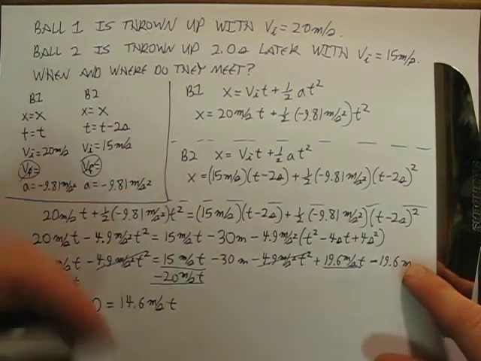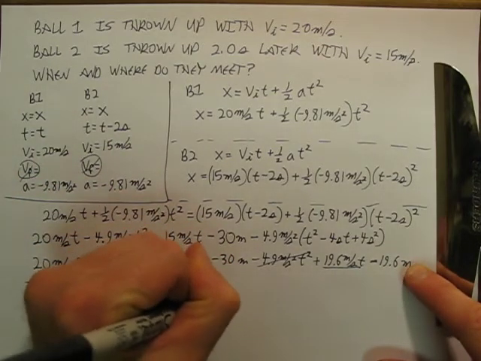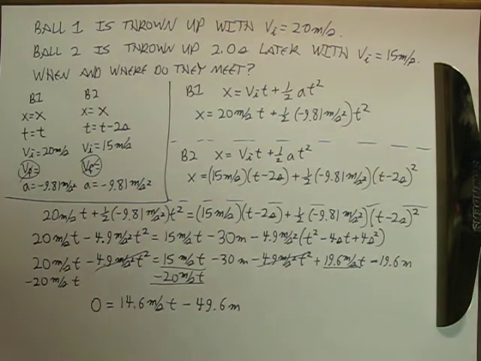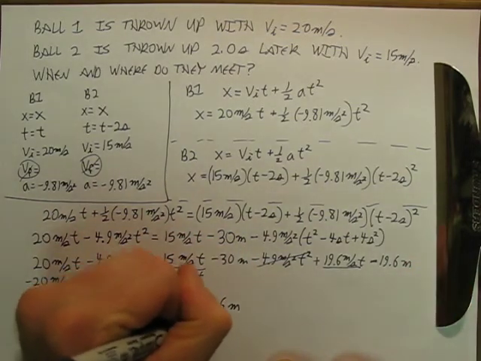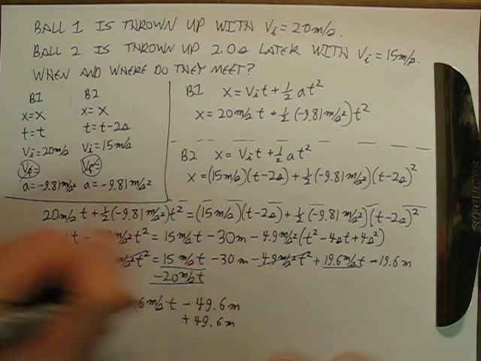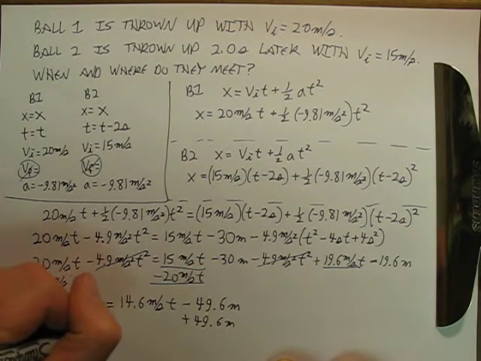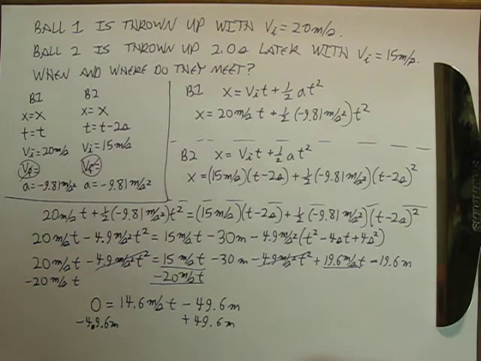And then I'm going to combine those to get negative 49.6 meters. I'm going to add 49.6 meters to both sides. Sorry.